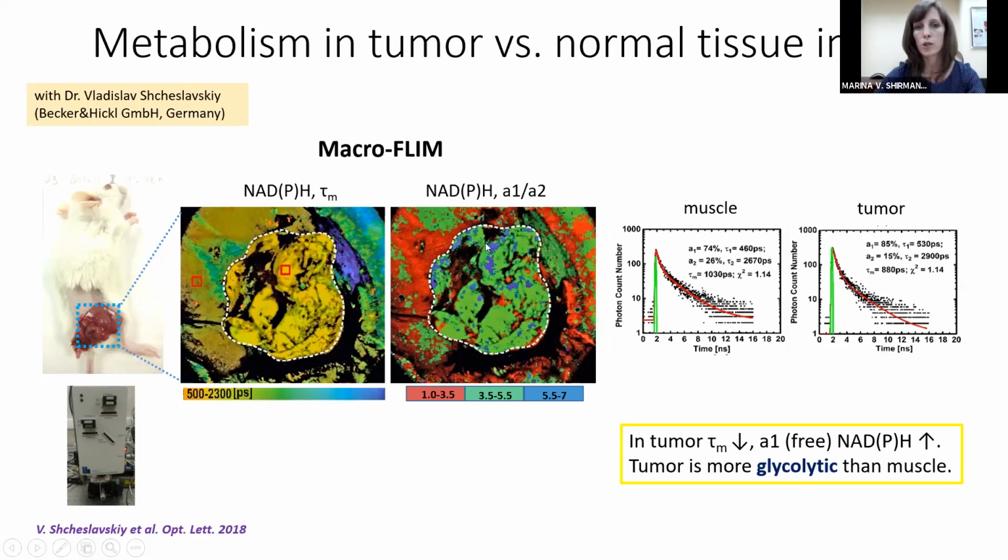We see the ratio of A1, free NADH, and A2, bound NADH, that also shows some differences between tumor and normal. And when we construct fluorescence decay curves, we see that the mean fluorescence lifetime in tumor is shorter than in muscle, indicating a more glycolytic metabolism in the tumor.